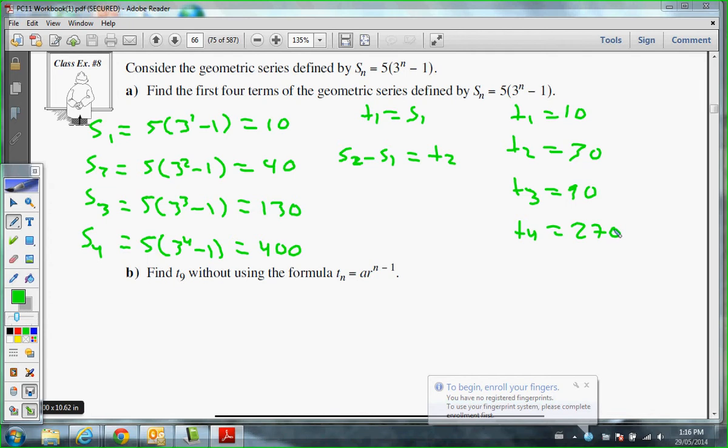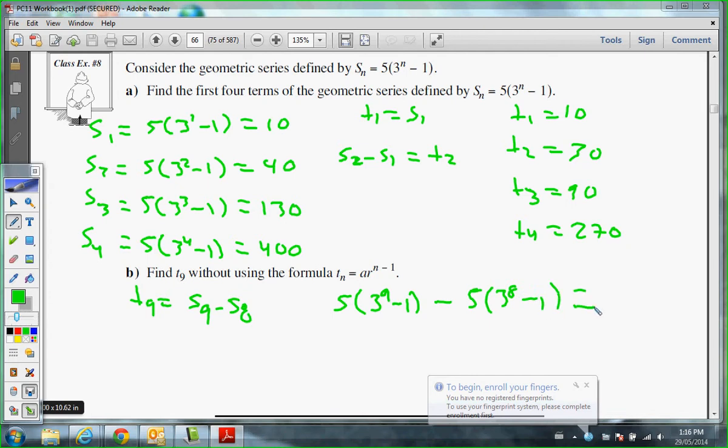It says find T sub 9 without using the formula. So what I want you to do is, we got to know T sub 9 equals S sub 9 minus S sub 8. So we can plug in S sub 9. I can do 5 times 3 to the 9th minus 1 minus 5 times 3 to the 8th minus 1.